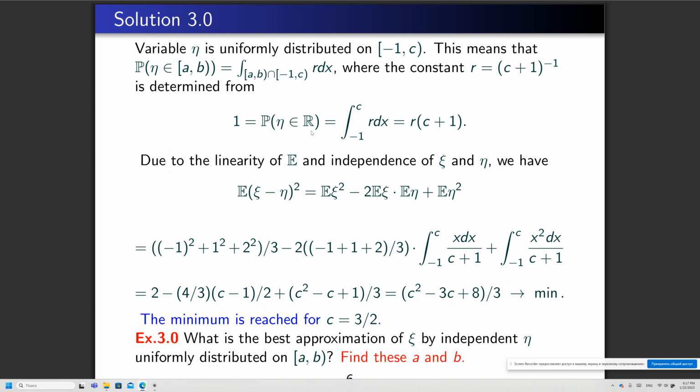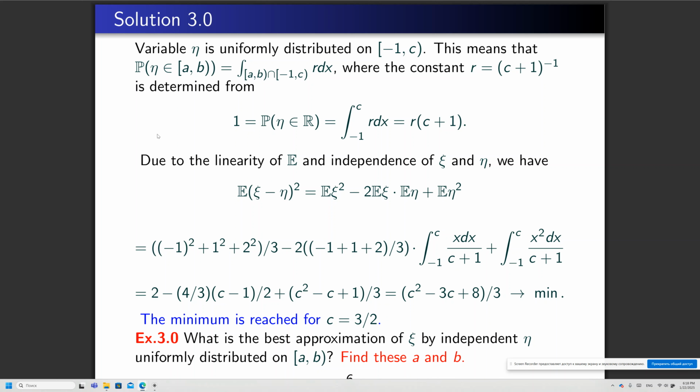The total probability is equal to 1. Using this formula, the total probability is the integral from -1 to C of the constant R dx, which is just R multiplied by C plus 1. From this identity, it is easy to see that R is equal to 1 divided by C plus 1. Okay, so we determined the measure that generates this random variable eta.